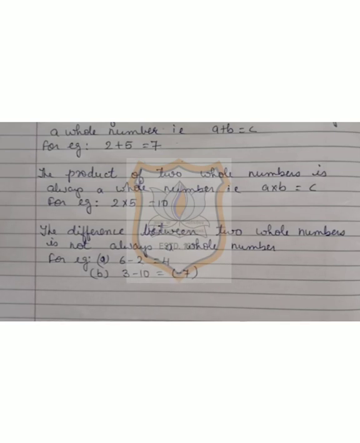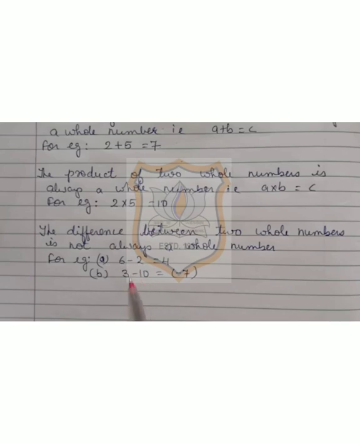Now we will take another example. 3 minus 10, that is, subtracting 10 from 3. Here the rule for subtraction is we have to subtract the smaller number from the bigger number. But here the bigger number is being subtracted from the smaller number. So we will get the answer 7, but it will carry the sign of the bigger number.